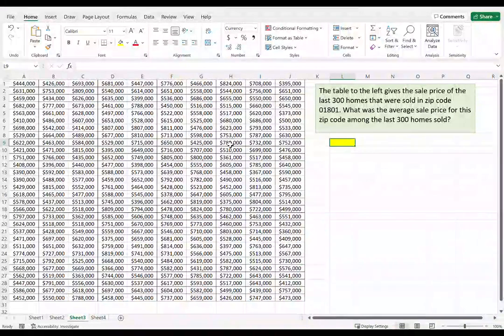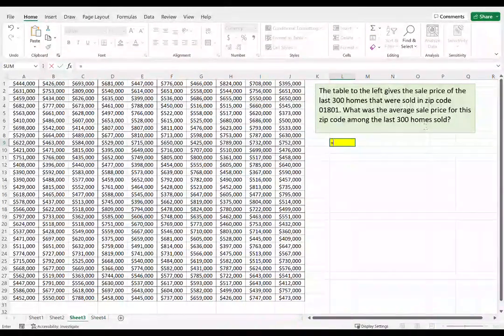Well, if you want, pause this video and do this on a calculator. It's going to be time consuming because there's a lot of data to type in. And this is still a relatively small data set.